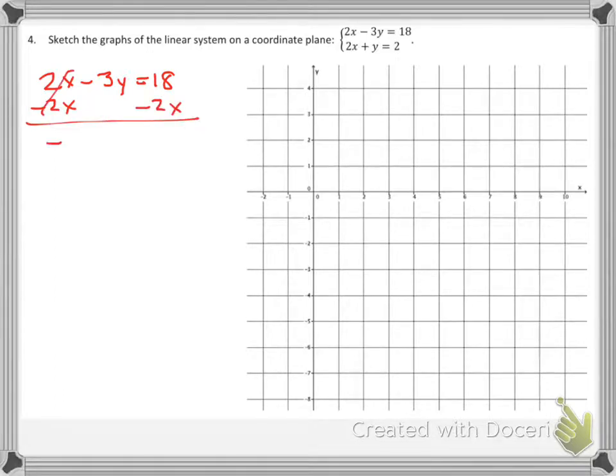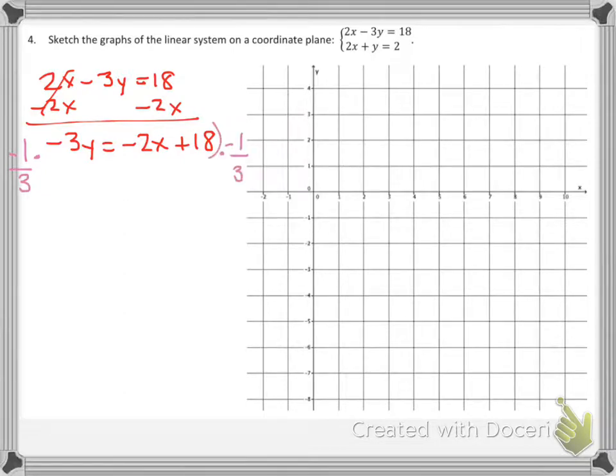That gives me negative 3y is equal to negative 2x plus 18. And then I'm going to multiply by the reciprocal. So let's do that. We're going to multiply by negative 1/3 on both sides.